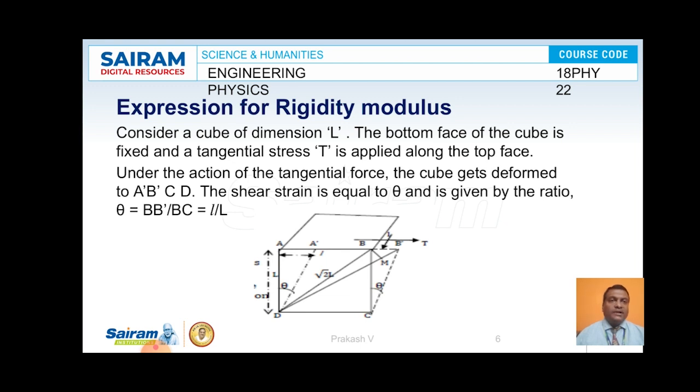And further, according to Pythagoras theorem, the length BD is equal to root 2 L. And because of the force applied T, the point A is shifted from A to A dash and point B is shifted from B to B dash. And the angle theta is observed to be BB dash by BC. So this is what is going to happen in this material.